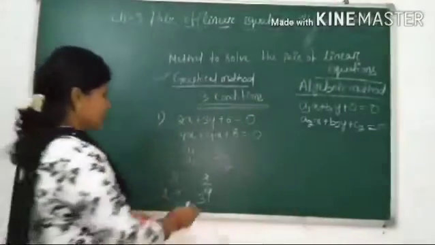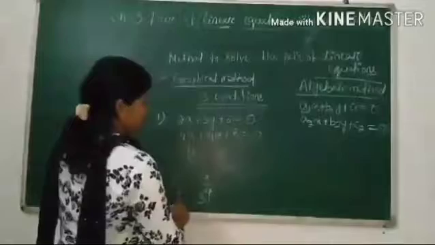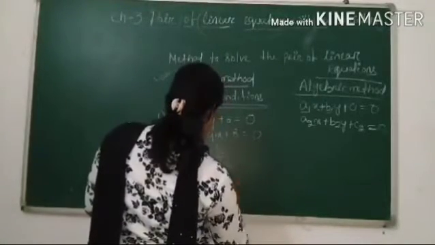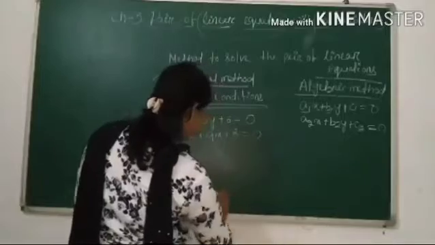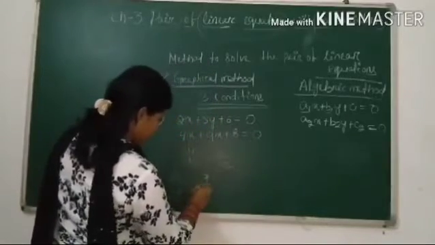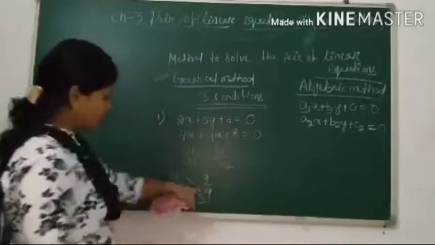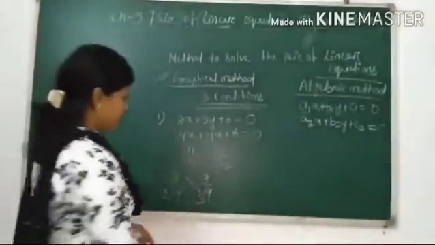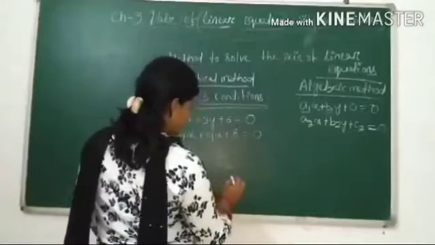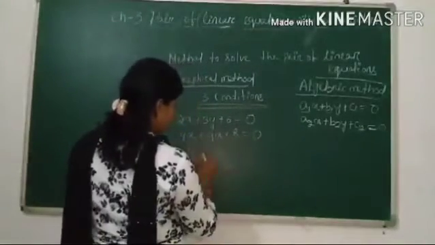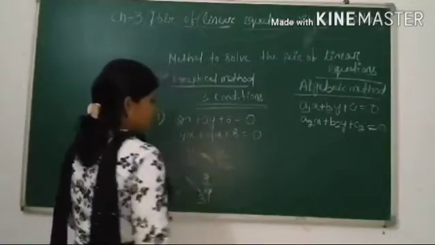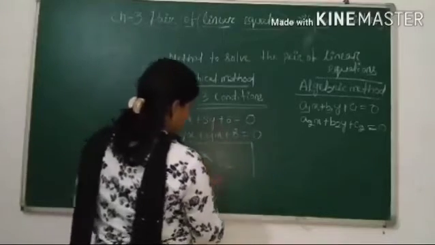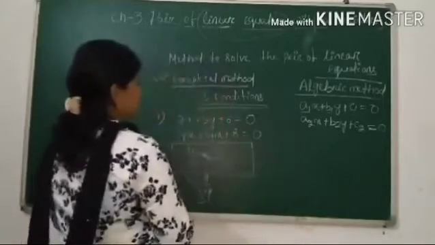Otherwise you will not go. So here 1 by 2 is not equal to 1 by 3. So your condition is a1 by a2 is not equal to b1 by b2. This is your first condition.